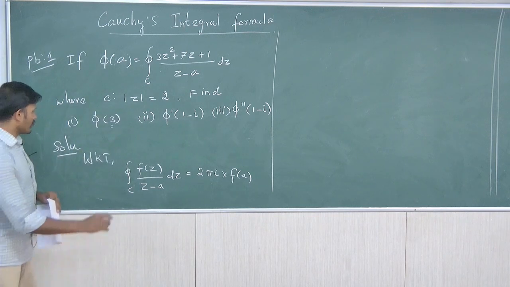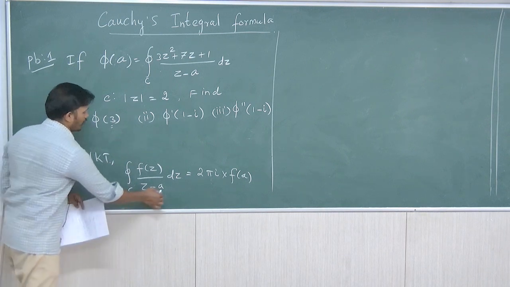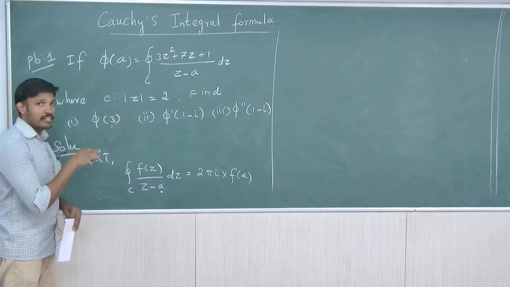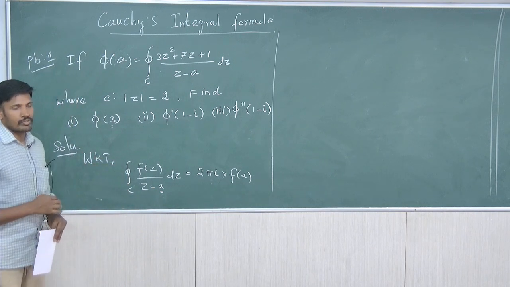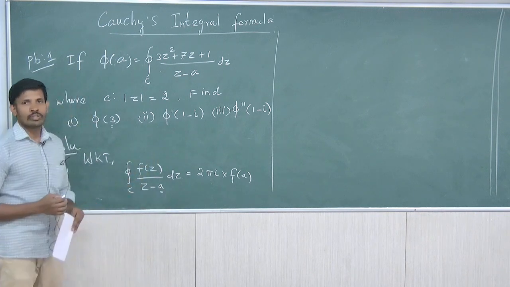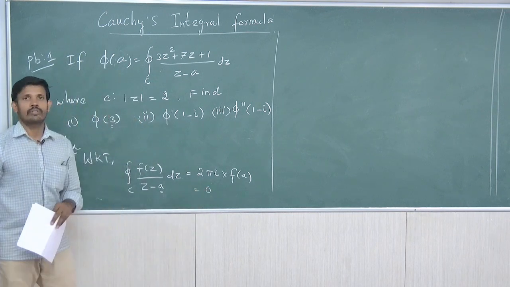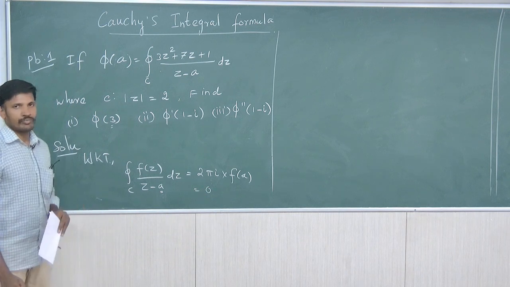If you want to use this formula, the point a should lie inside the closed curve C. Suppose the point a lies outside C, that value is going to be 0 by using Cauchy's theorem.